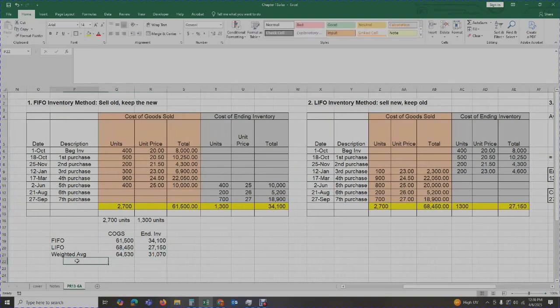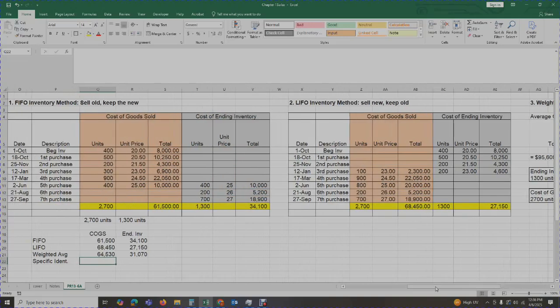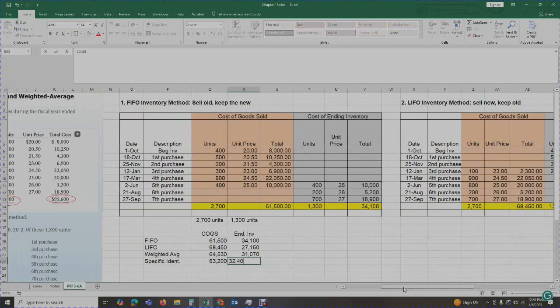And then for the specific identification, I've got 63,200 and 32,400.